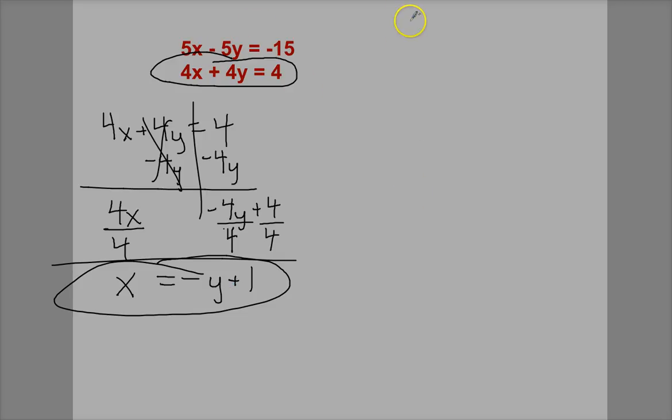So I'll go up into 5x minus 5y equals negative 15. And for x here, I'll put negative y plus 1.